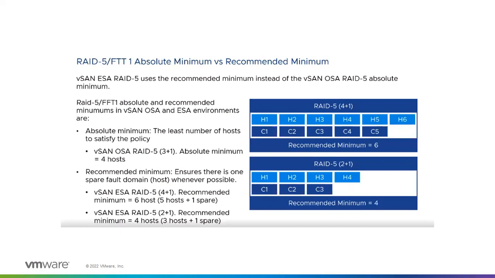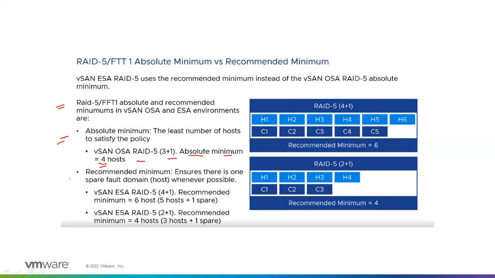So, RAID 5 FTT1: absolute minimum and recommended minimum architecture. It's just telling how many nodes we need. With RAID 5 FTT1 in vSAN, in the OSA architecture it was RAID 5 3+1, so the absolute minimum we required was 4 nodes.